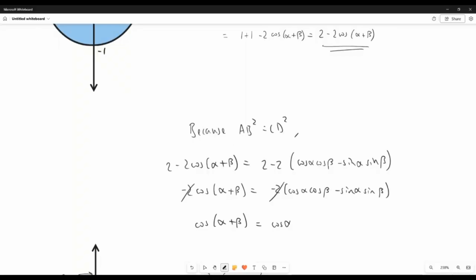Therefore, we get that cosine of alpha plus beta equals cosine alpha cosine beta minus sine alpha sine beta. This is how we derive the equation for the sum of two angles.